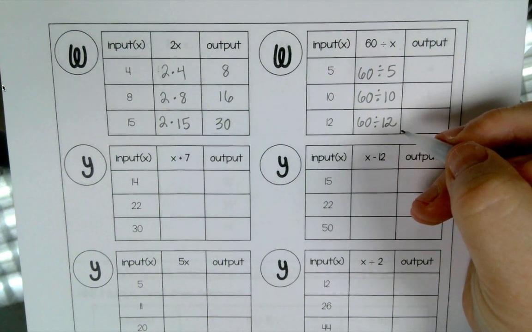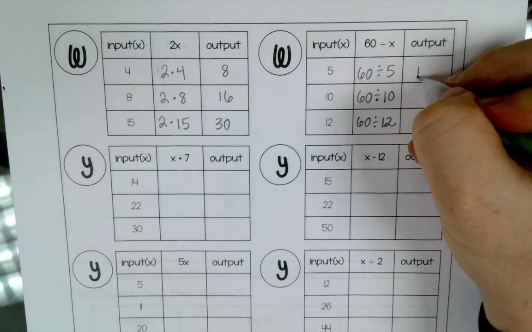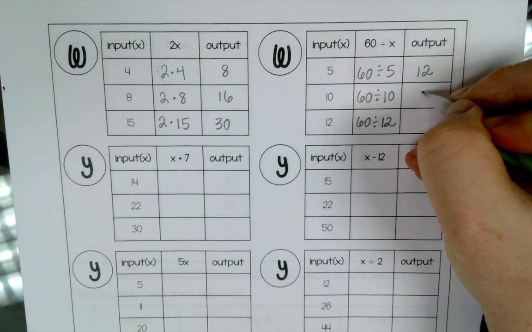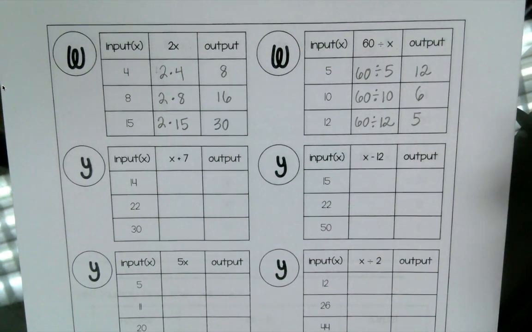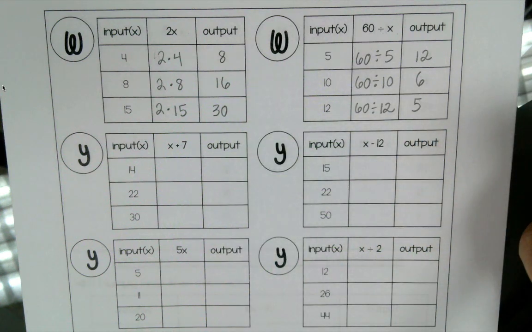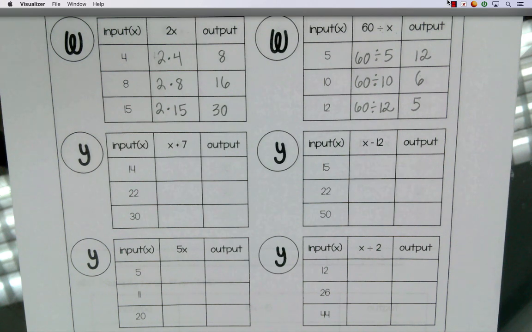Okay, so we're going to do each one of those. So I get 12, I get 6, and I get 5. Now, on your own, if you're not with us, I need you to complete all these you-dos on your own independently, and I will check that with you when you come back.